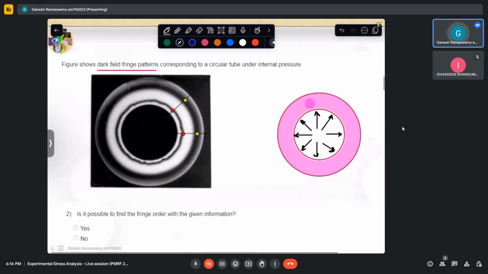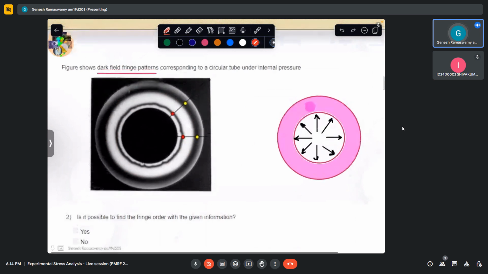And this is how the isochromatic fringe patterns look. Basically, what we are seeing here is that they are concentric rings, and the density seems to be varying as we go farther from the edge. And then we have one fringe pattern like this over here, and on that fringe pattern they have labeled 2 red points.